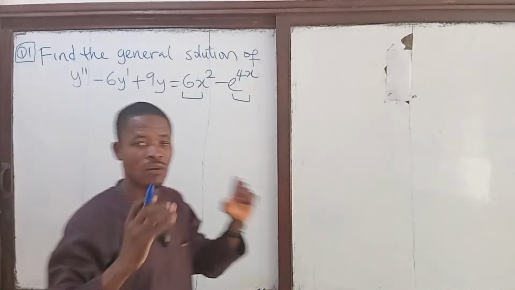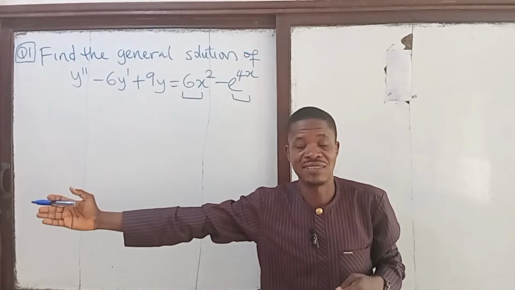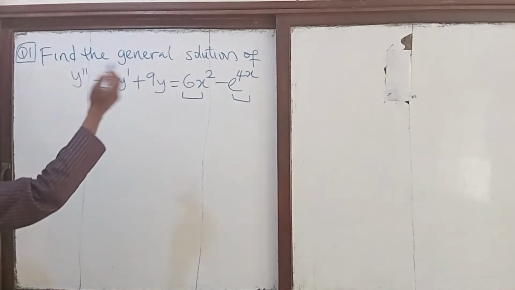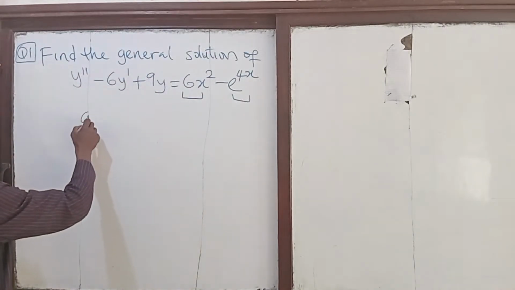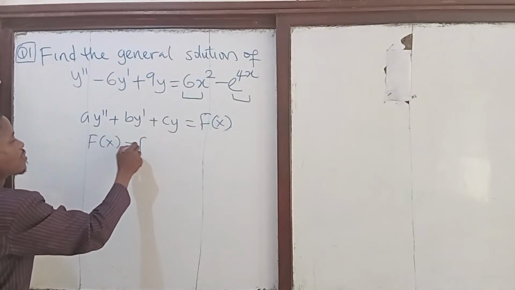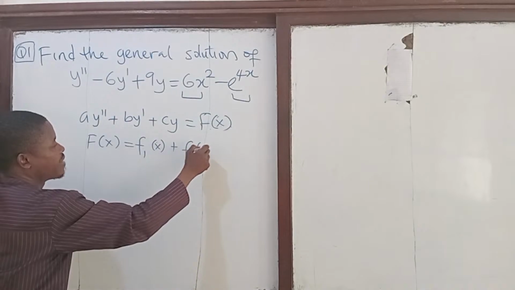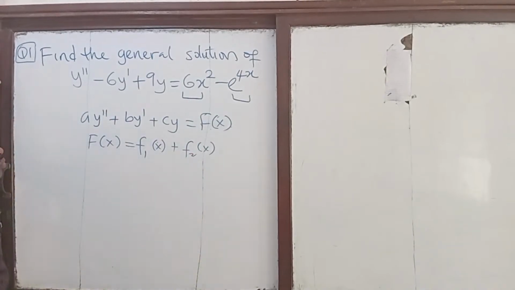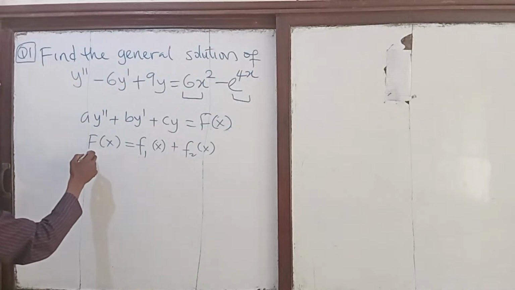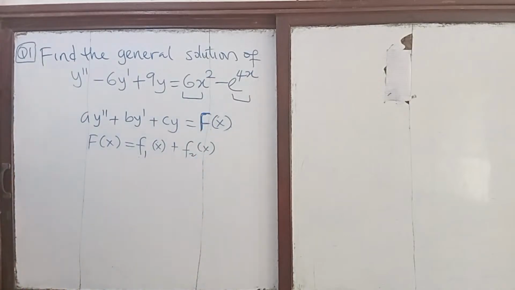When you have complex functions at the non-homogeneous part on the right-hand side, your f of x now contains several functions, maybe f1 of x, f2 of x. Don't forget, your f of x is the non-homogeneous part.